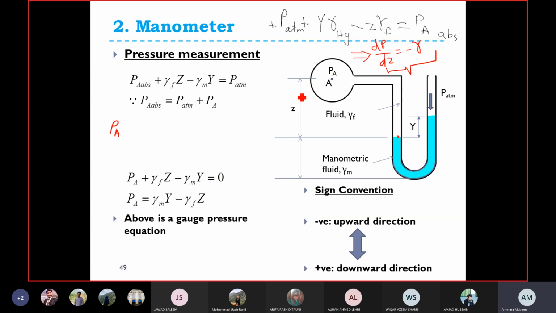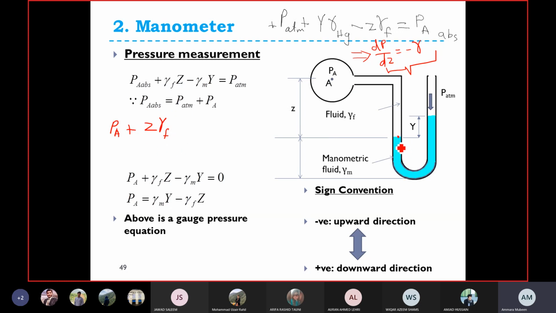If the depth is Z from this point, and you are going downward in the tube, you need to add the pressure. So plus Z multiplied by gamma of the fluid. The specific weight of the fluid is gamma F, so Z multiplied by gamma F. Since we are going downward, we are adding this pressure.